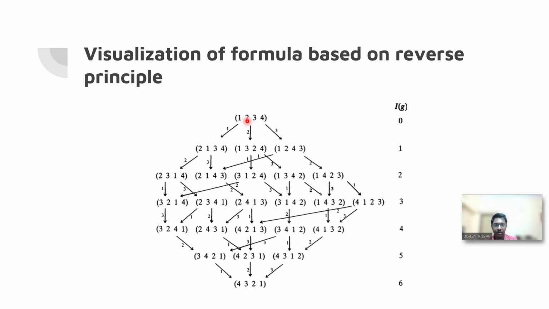So now 1 2 3 4 is now 4 3 2 1. Hence we can say that this set has been mirrored. I mean this set is equal to the mirror of this set, or this set is equal to the mirror of this set, vice versa. We can say it either way.